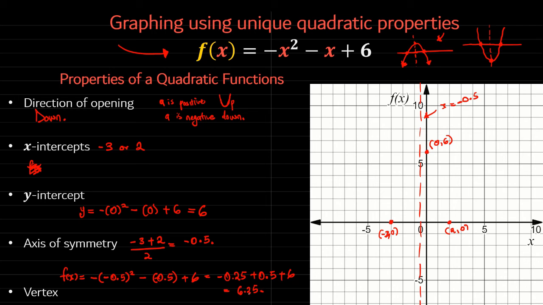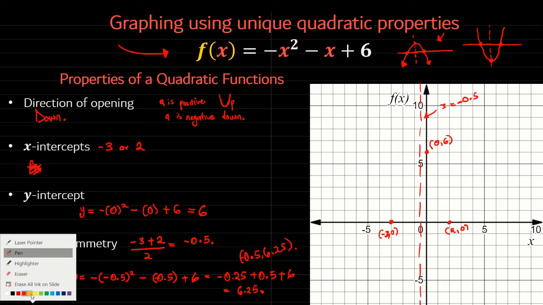So the coordinates of the point are negative 0.5 and 6.25, right? It's okay if this looks a bit much. I'm going to run over it very quickly again. We'll also have another example, so that should help.